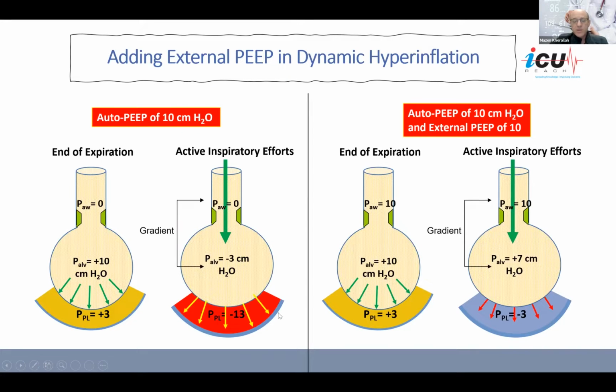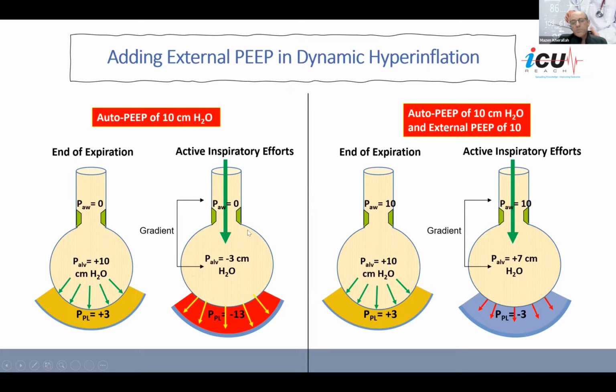The patient needs to generate -13 centimeters of water. If the ventilator is set at a trigger of -3, you will be able to trigger the ventilator. If the patient is spontaneously breathing, you're going to be able to just get the flow that is correlating with this drop in the pressure.